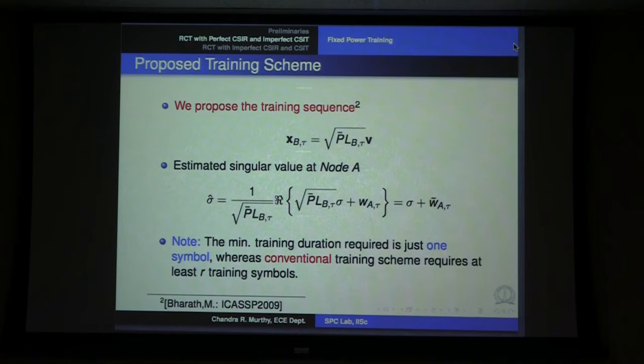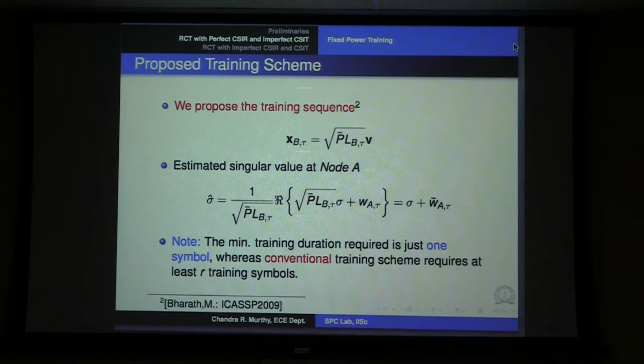And this requires just one training signal as compared to the conventional orthogonal training, which requires at least R training symbols. I suppose the key observation here is that what you want to estimate at the transmitter in a single output, multiple output system is just the singular value of the channel and not the entire channel itself.